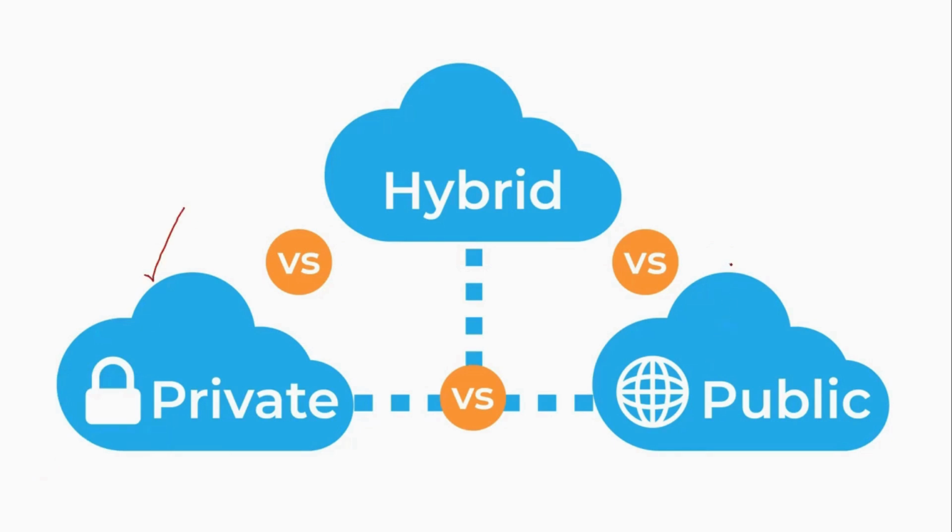The other one is the public model, and there's one more which is the hybrid model, which is a combination of your private as well as your public. Apart from these three, we even have a few more models available in the market, like your community model. We'll see those in detail.